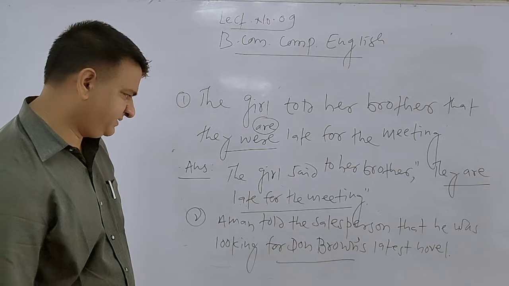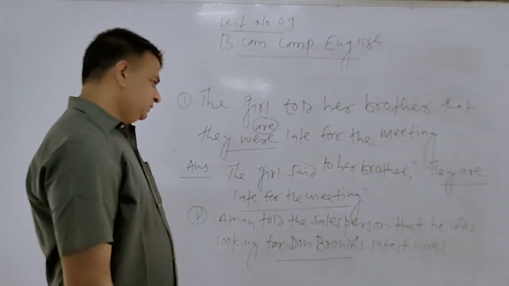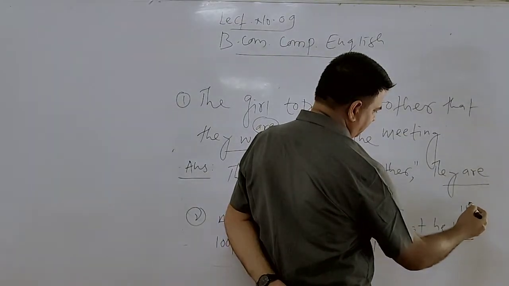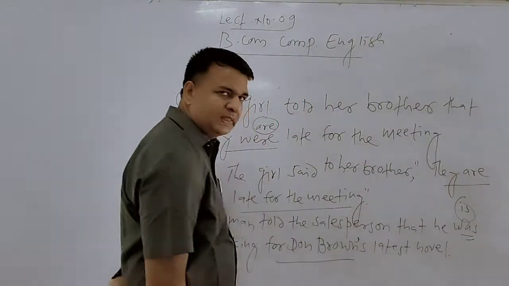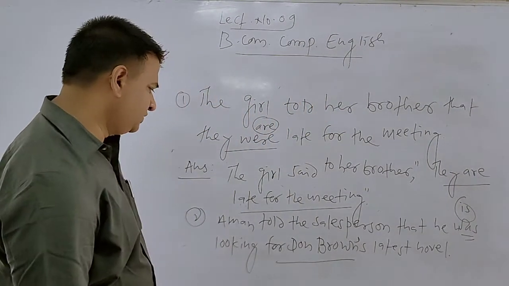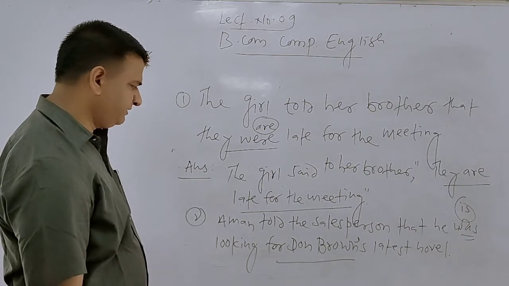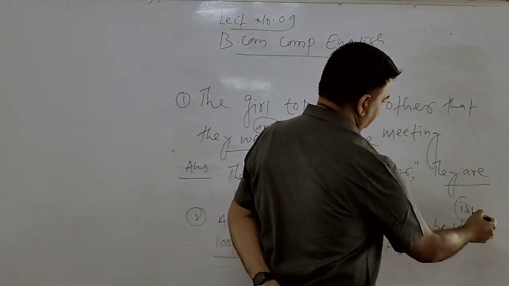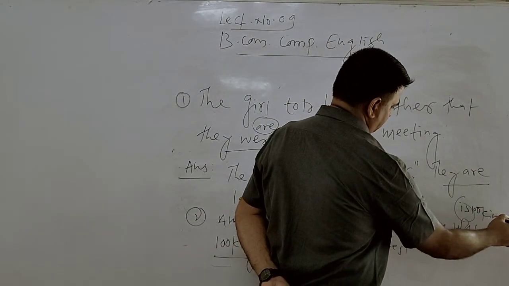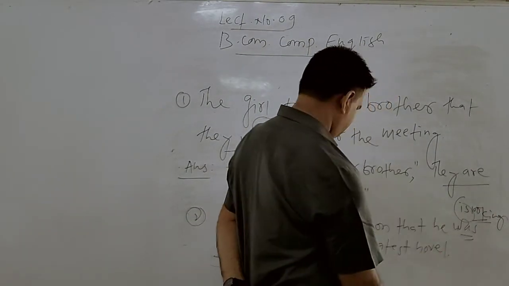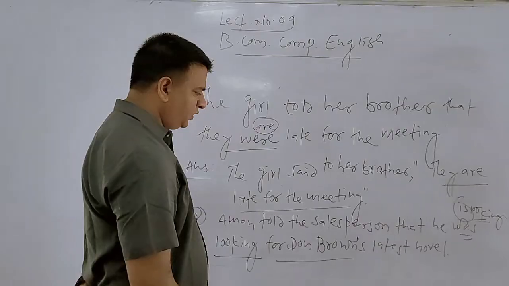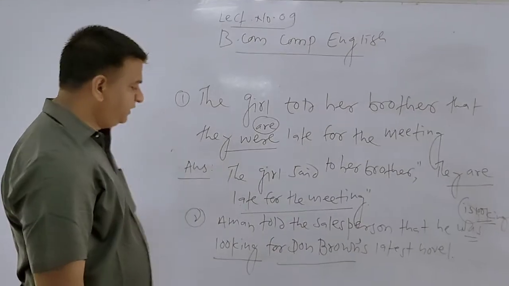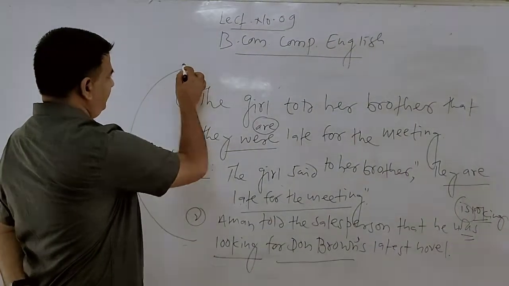Look at the sentence. He was. Then he was means we have to put he is into the inverted comma, looking for Don Brown's latest novel. Was looking we have to make is looking for Don Brown's latest novel. So what will be the answer of it?